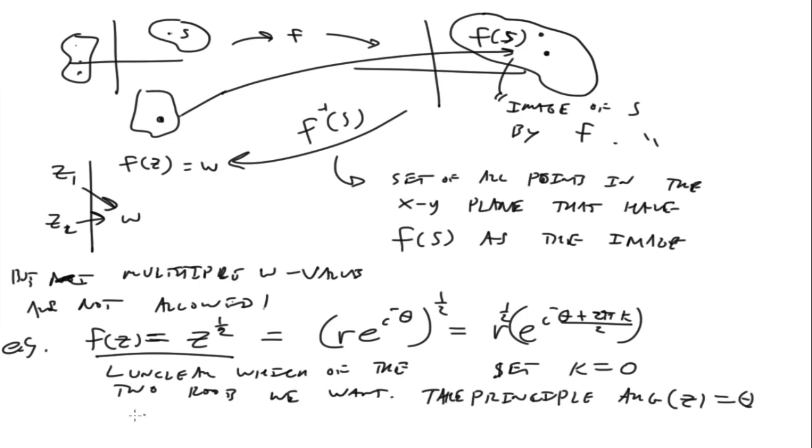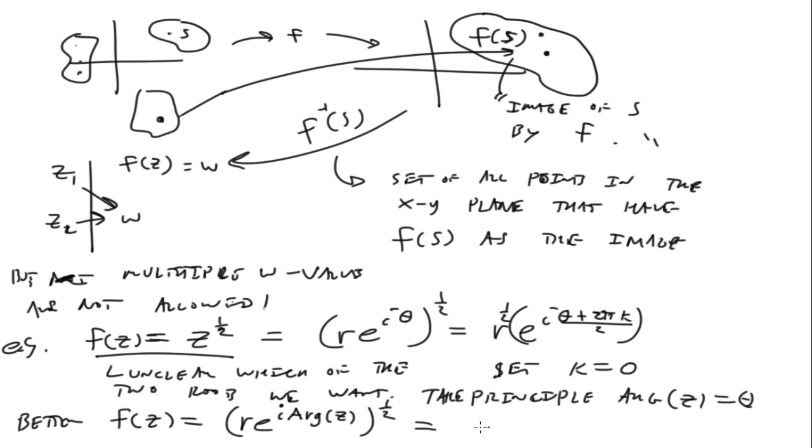And what we're saying then is that better is to say f of z is equal to r e to the i, capital Arg of z, the principal argument of z, all to the 1/2 power.